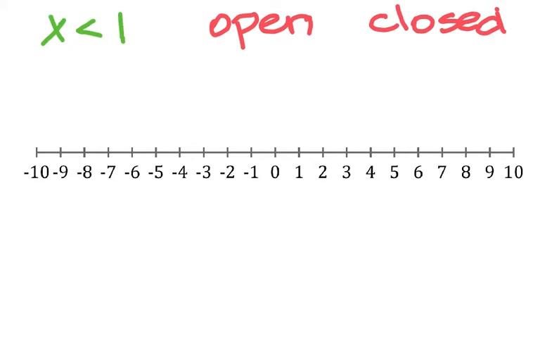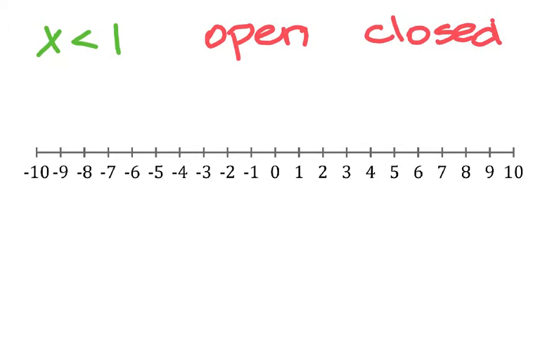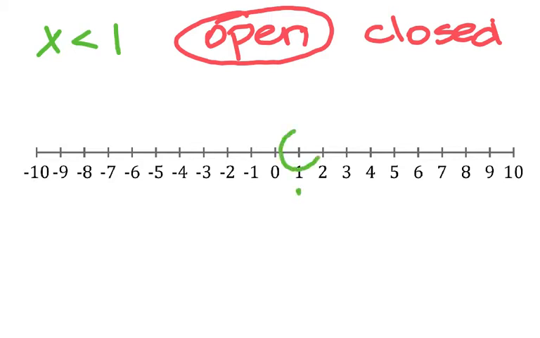So here we are at our first one. X is less than 1. The first step is figuring out whether it's open or closed. And since it is less than, it is open. The next thing you need to do is to find 1. And since we know that it is open, we've got our spot there.